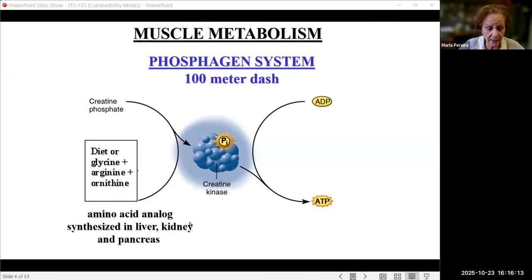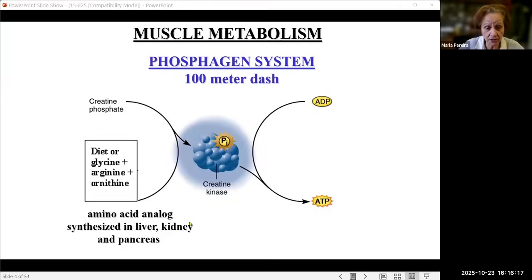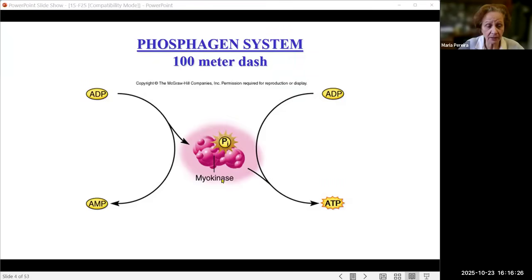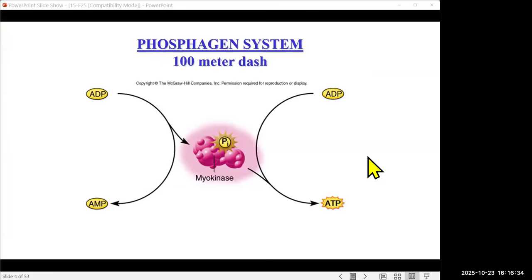So these two kinases work in combination to produce ATP. The creatine kinase uses creatine phosphate as the donor of the phosphate group. And the myokinase uses ADP as the donor. So, Professor, to reiterate, myokinase grabs the phosphate from ADP and transfers it to another ADP to make ATP.